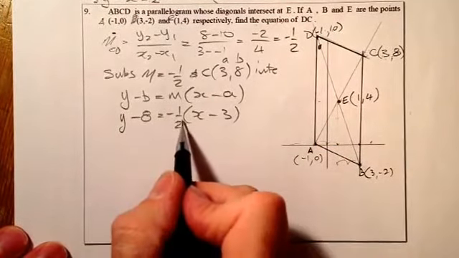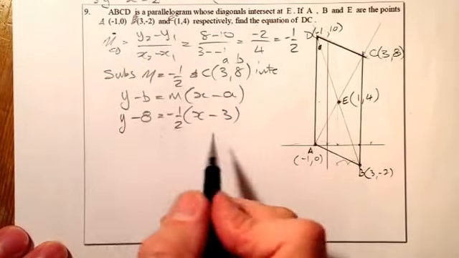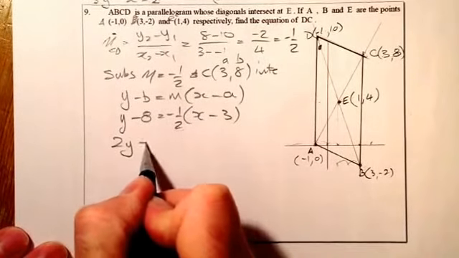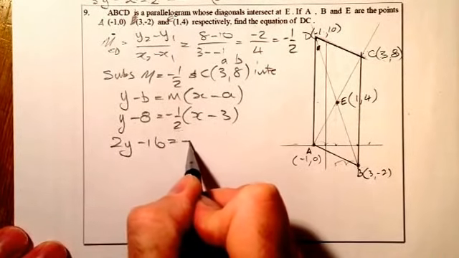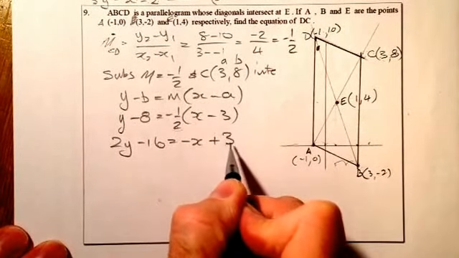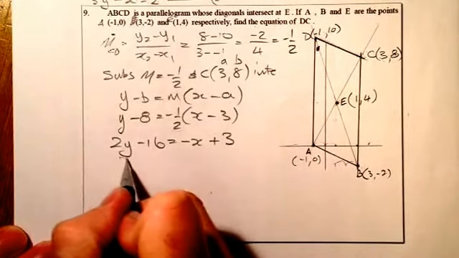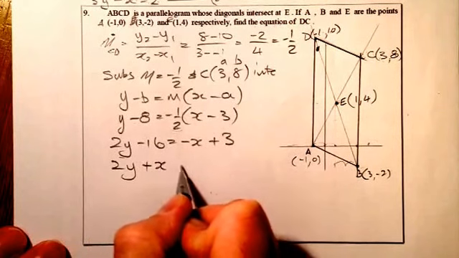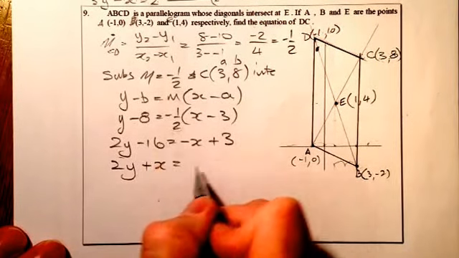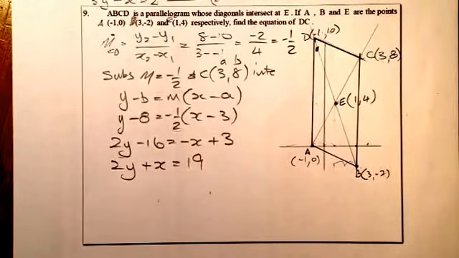Okay, so from there I want to get rid of this fraction, so I'm going to multiply the left hand side by 2, multiply the right hand side by the -1, so it'll be -x and that'll be +3. I'm going to gather that up, so I've got 2y, I'm going to bring the x over to the right hand side just to make it a positive number and take the 16 over that side, so that'll be equal to 19. So 2y plus x equals 19.